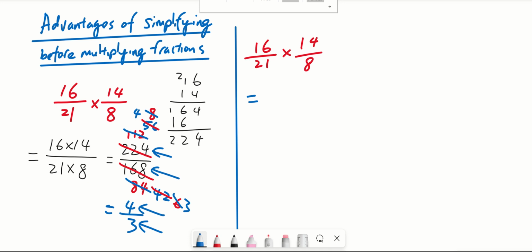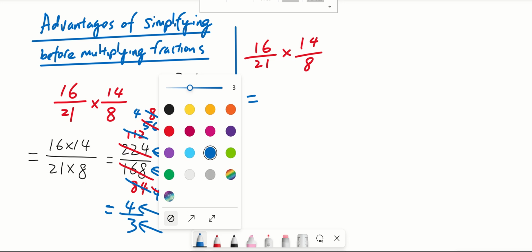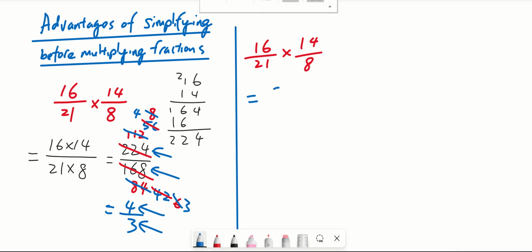Now you realize that 16 is the same as 2 times 8, and 21 is the same as 3 times 7. And 14 is the same as 2 times 7, and 8 is just 1 times 8. So there you go.